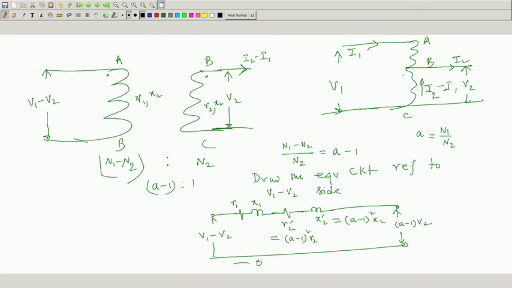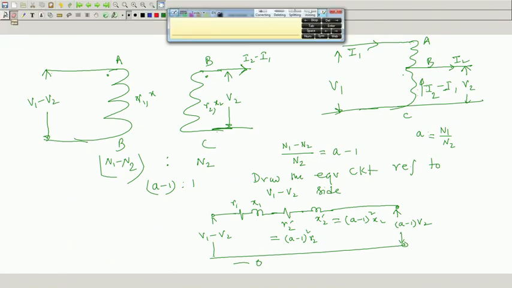This winding has N1 minus N2 turns, this winding has N2 turns only. This part has R1 X1, and this is R2 X2.